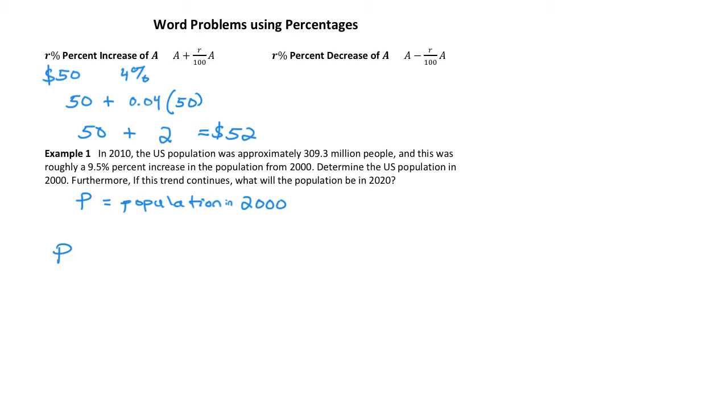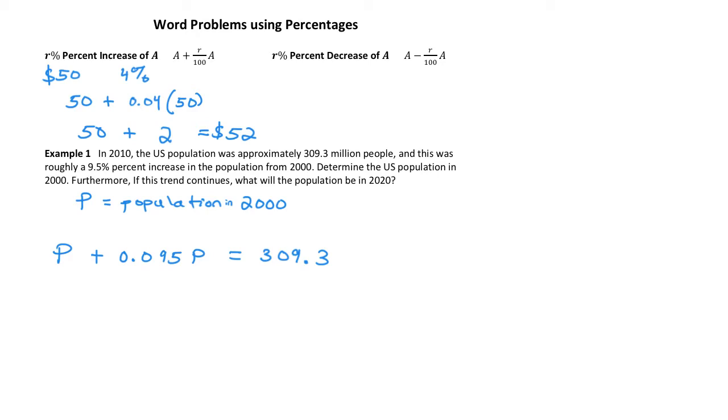I don't know what it is. I'm increasing it by 9.5%, which is 0.095 P. I have my population, I'm adding the percent at which it grew by, and the result, the thing that it was equal to, is 309.3 million. You could add a bunch of zeros after this, commas and zeros, but if I leave it this way, my answer will just be in millions of people.